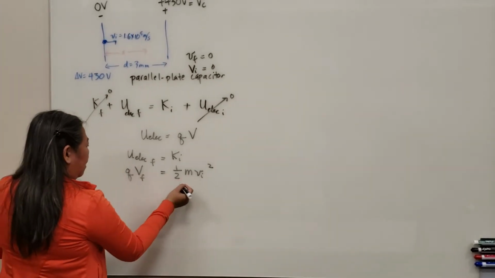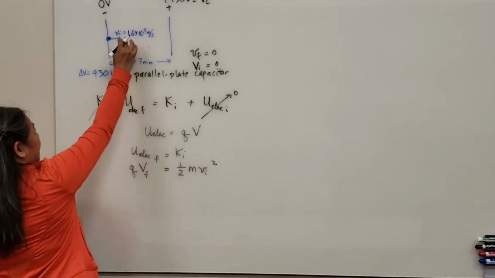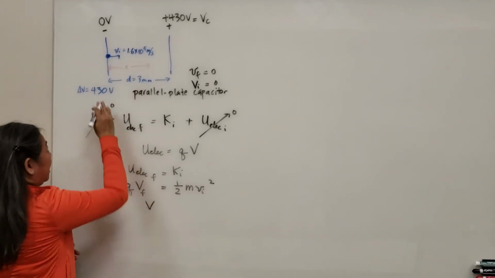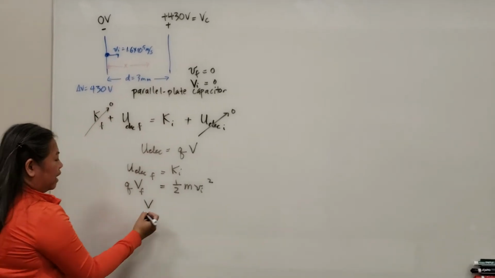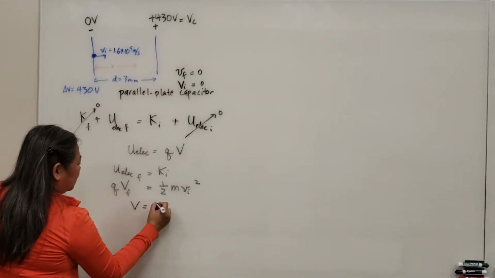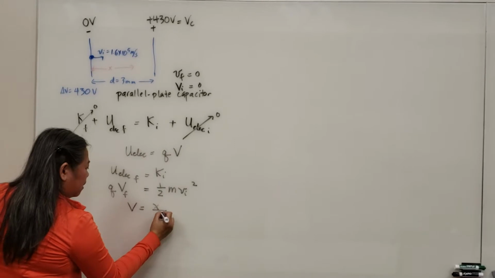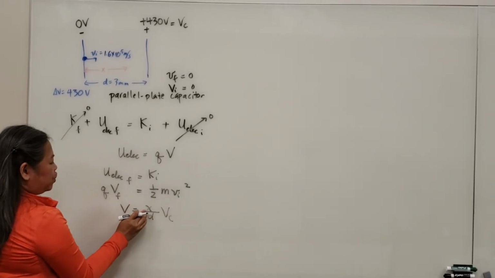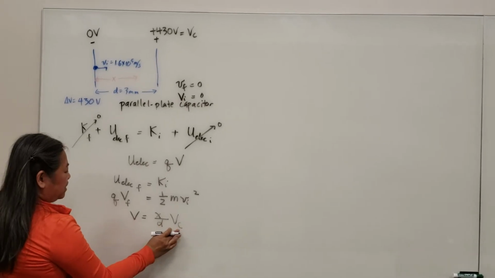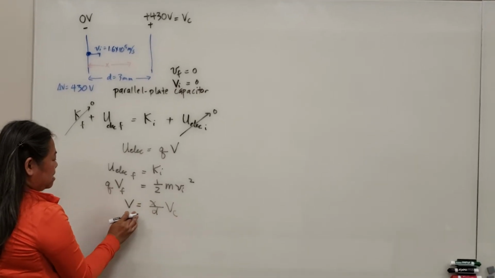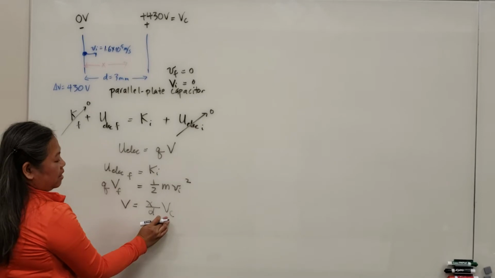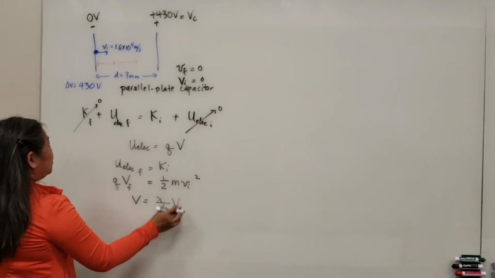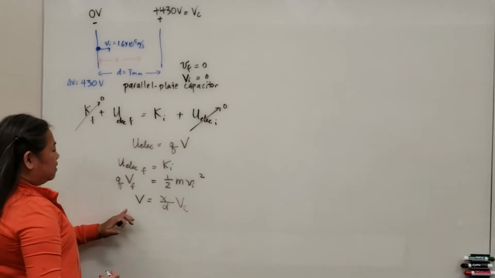So we're really looking for x, and the potential at any point between your plates is related to the maximum potential by this equation, where x over d is the ratio. As you can see, if x is equal to d, the potential is going to be the maximum. In this case, we don't have maximum potential because it's somewhere between the plates.